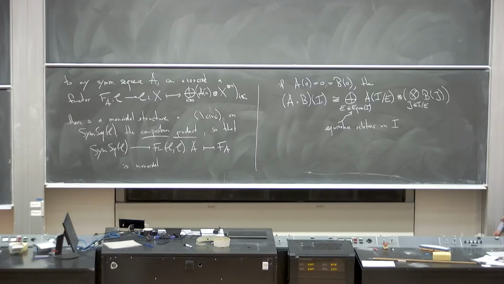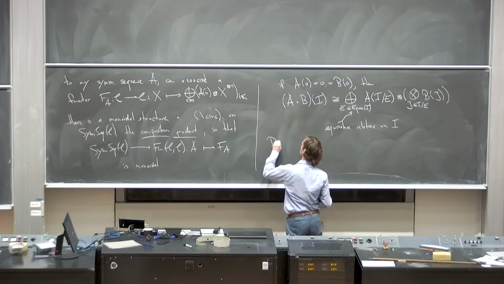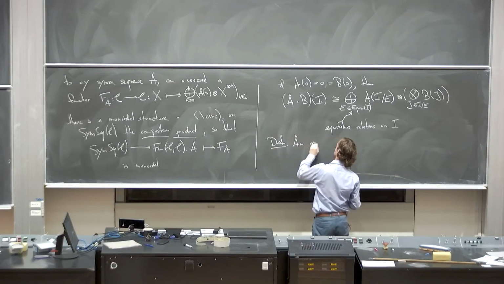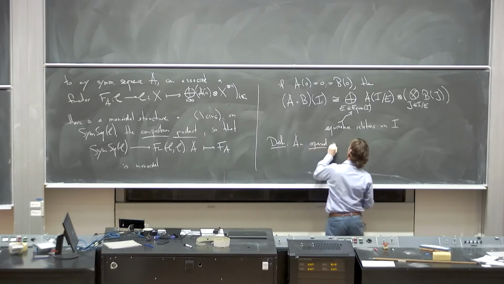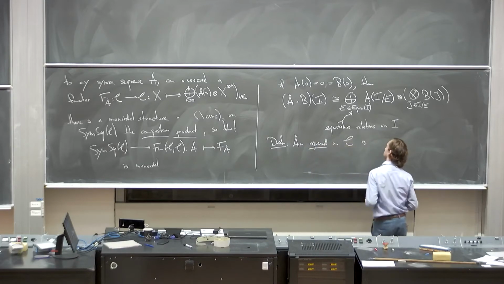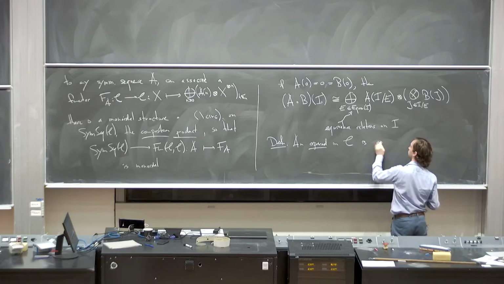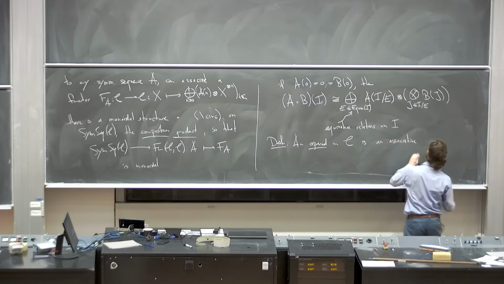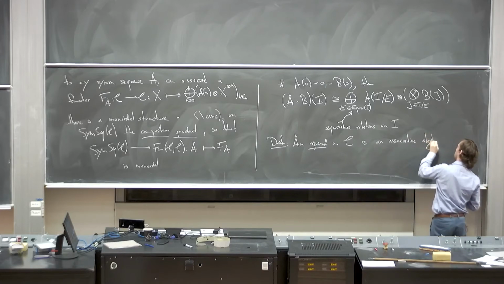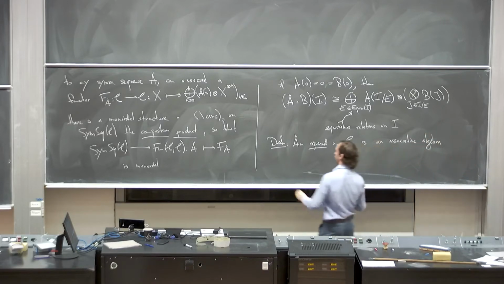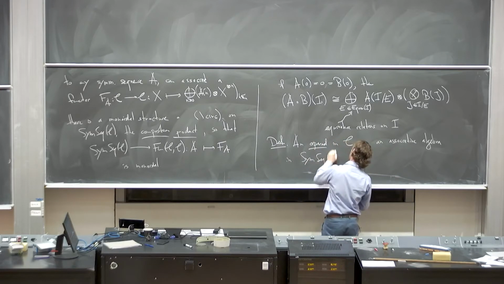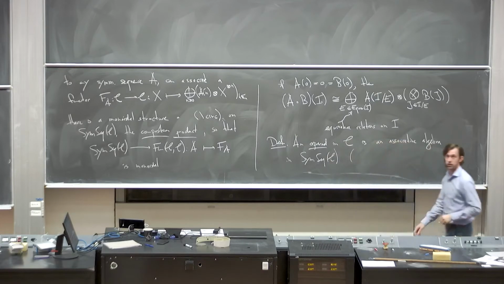All right. So what you can do here is you could just use the usual definition of operads and co-operads. You could say an operad in C is an associative algebra, or a monoid, if you want, in this infinity category of symmetric sequences. And a co-operad is just the dual notion.